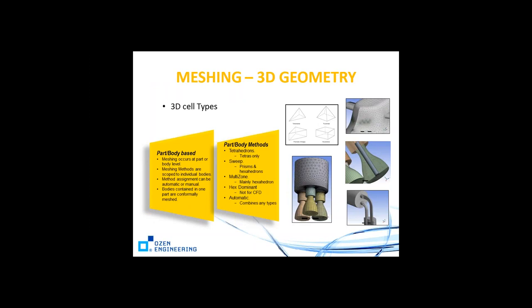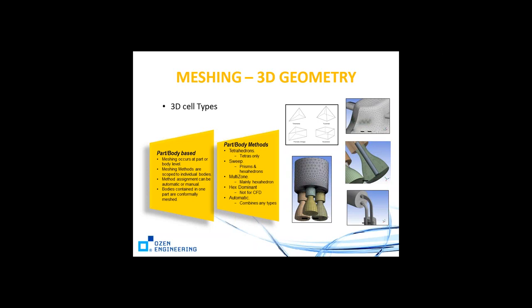And meshing in 3D geometry, again, the element types that are available are TETs, prisms, pyramids, and hexes. If you're using tetrahedral meshing method, then it will use TET elements. If you use sweep meshing method, it will use prisms.